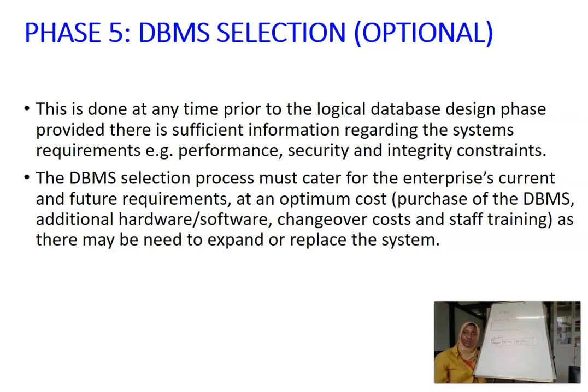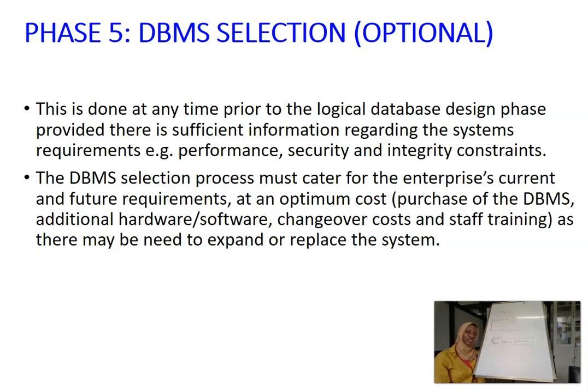And we usually do it prior to the logical database design. The selection of the database management system is usually based on the performance of the database management system. You want to know the security features of the DBMS. You want to know the integrity constraints of the DBMS. But most importantly, you need to know the cost.